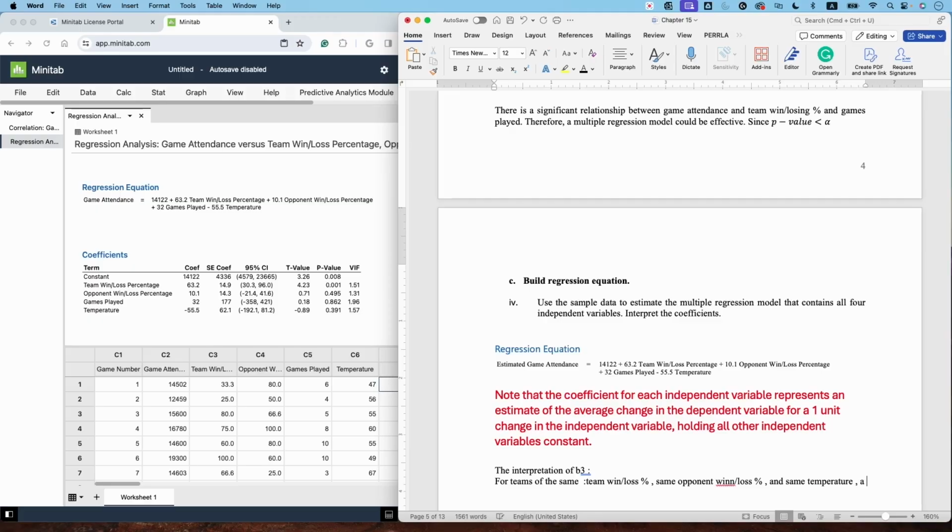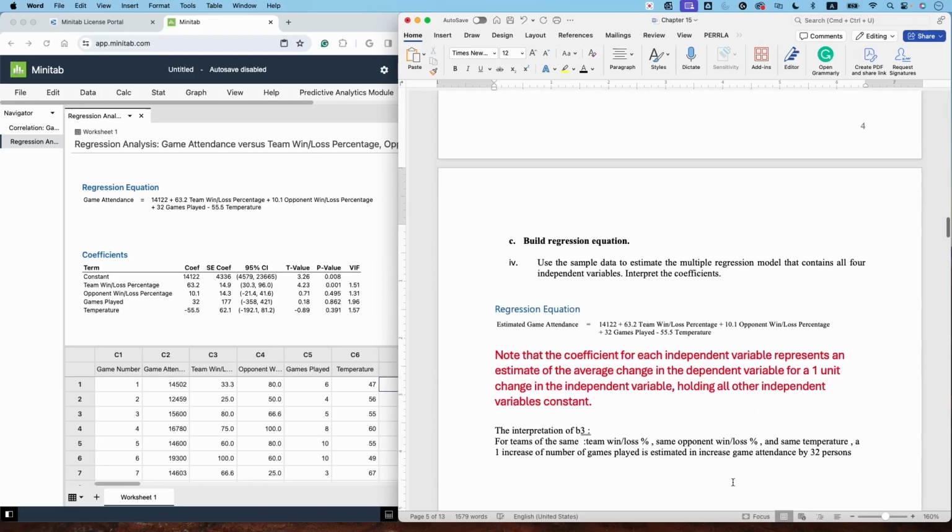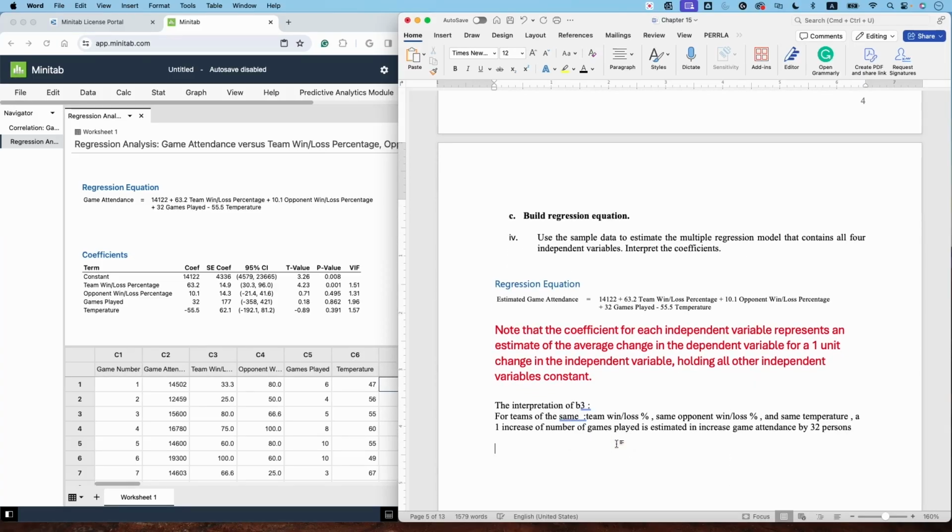What we say then is that a 1 unit increase in the number of games played is estimated to increase the game attendance by 32. Not games, persons, right? So attendance is going to increase by 32 people, holding all other variables constant.